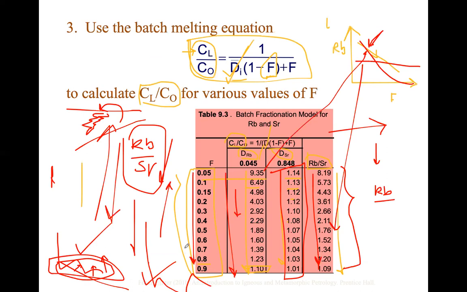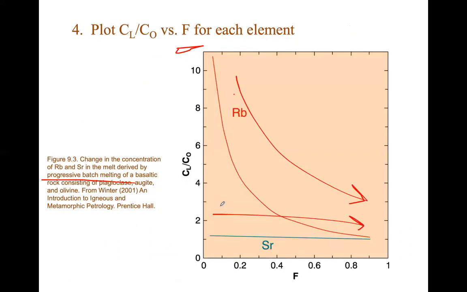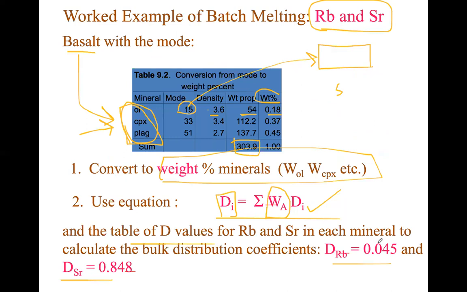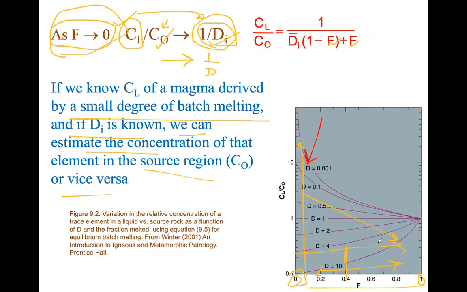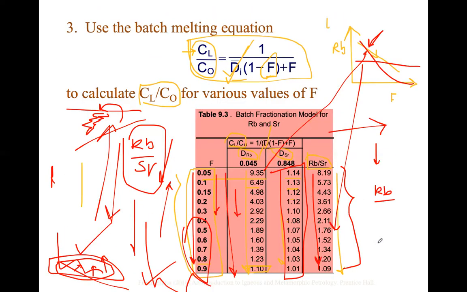Because above 40% melting is very difficult, right? So even from here to here, you can take it as progressive melting. So in a progressive melting, highly incompatible elements like rubidium can be behaving like this, whereas strontium-like elements can behave like that. But it is given for a basaltic system. Like remember, it's a basaltic system because the partition coefficient also matters here, because we have to calculate the partition coefficient.